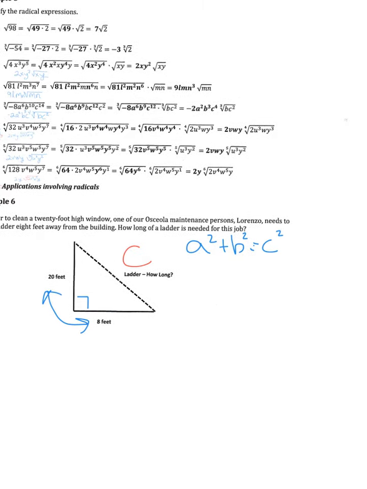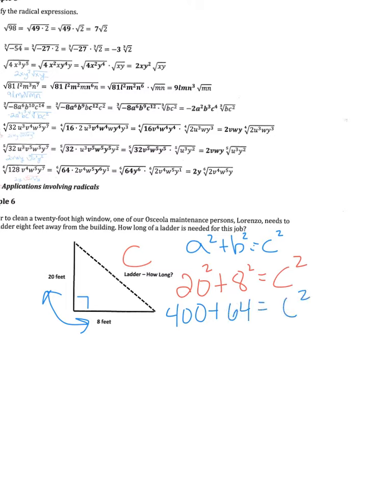So we're going to use 20 for A and 8 for B, and we're going to fit them into the formula so we can solve for C over here. So that would be 20 squared plus 8 squared equals C squared. And we're just going to simplify. 20 squared is 400. 8 squared is 64.